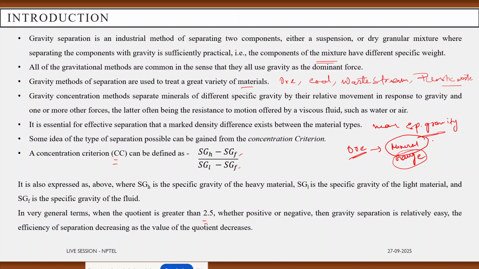Since they have different specific gravities, we can use this gravitational separation method to take the minerals out of this ore mixture. This is one example related to the mineral processing industry.